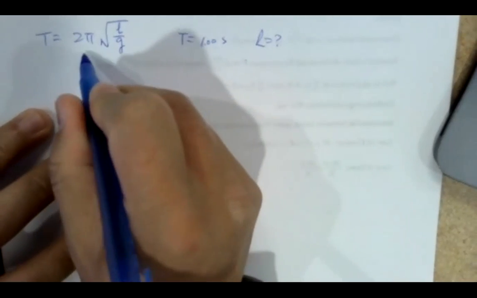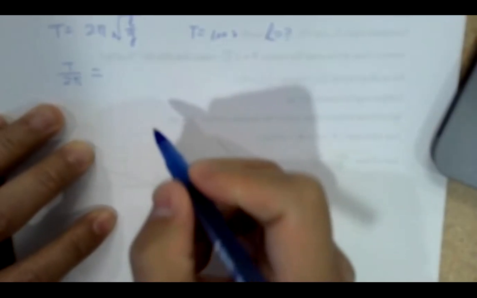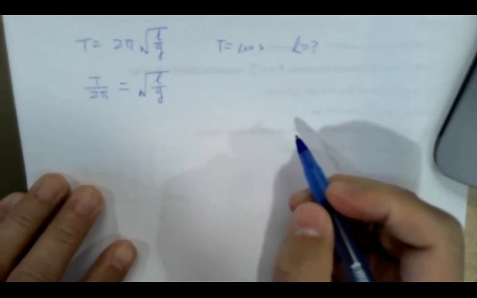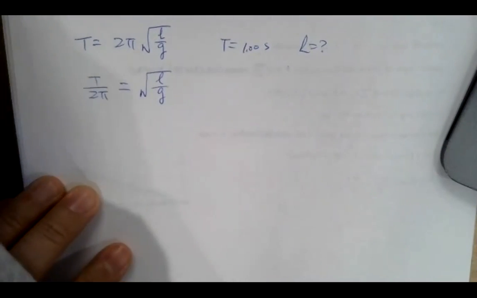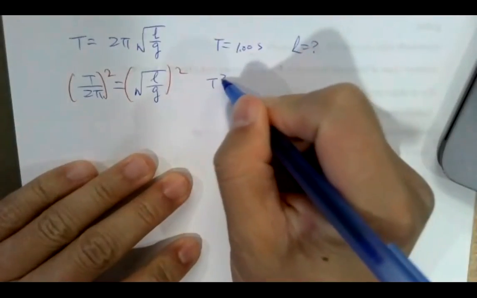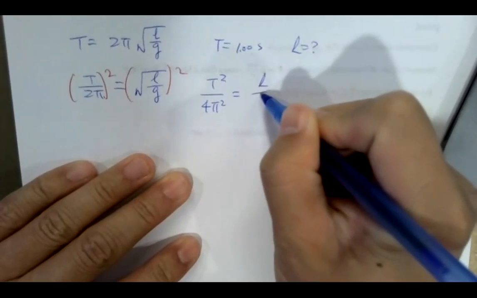Again, this is similar to what we did for the second example of the day. You divide both sides by 2 pi, and then that equals the square root of L over g. Then you square both sides of the equation to get L out of the square root. So you will have T squared over 4 pi squared equals L over g.